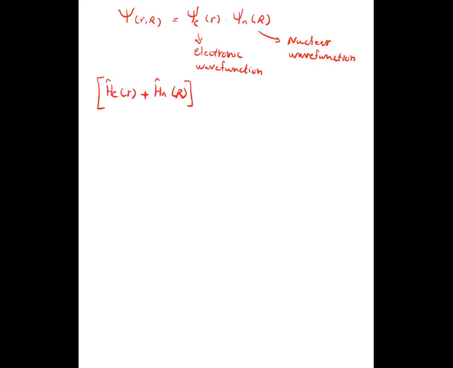This Hamiltonian acts over the electronic wave function psi e multiplied by psi n in terms of R. Here we multiply the electronic Hamiltonian in the first term and also in the second term, so we end up with these two terms: the electronic Hamiltonian acting on psi e times psi n, plus psi e multiplied by Hn acting on psi n.